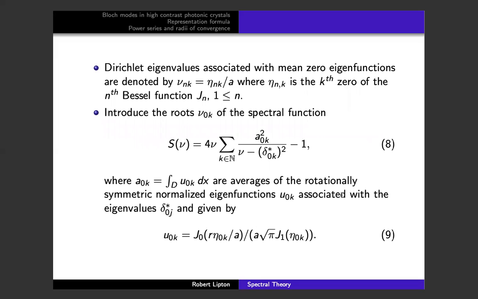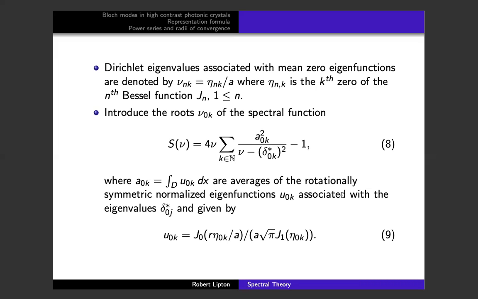That should be denoted by delta 0k, where eta 0k is the zero of the zeroth Bessel function. Okay, no, excuse me, I'm reading the bullets wrong.